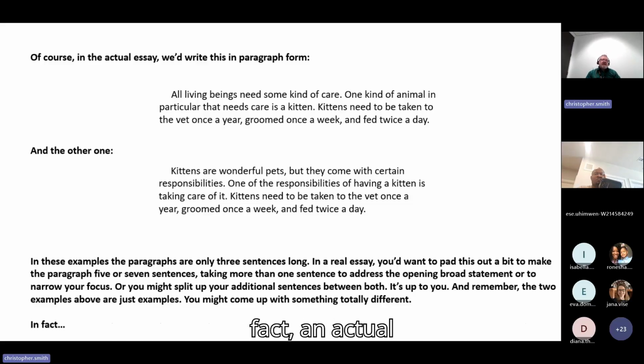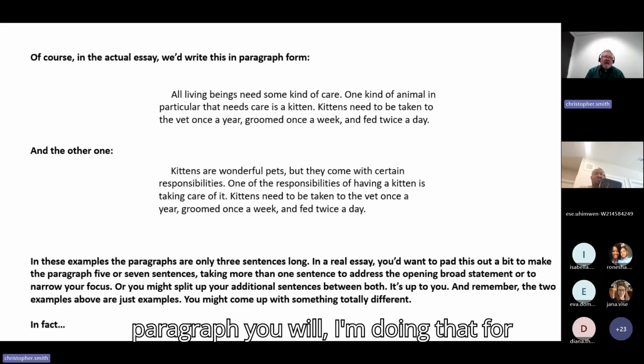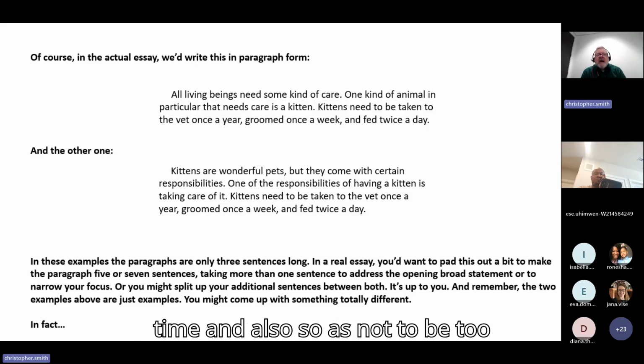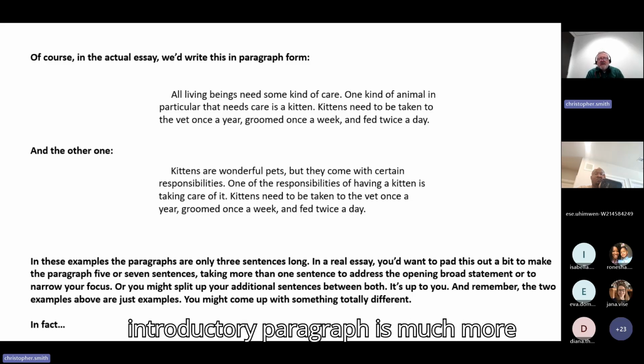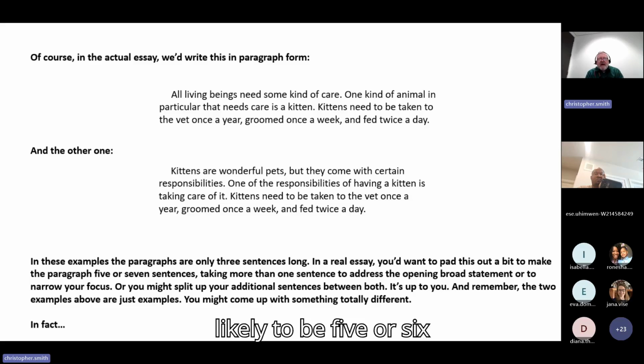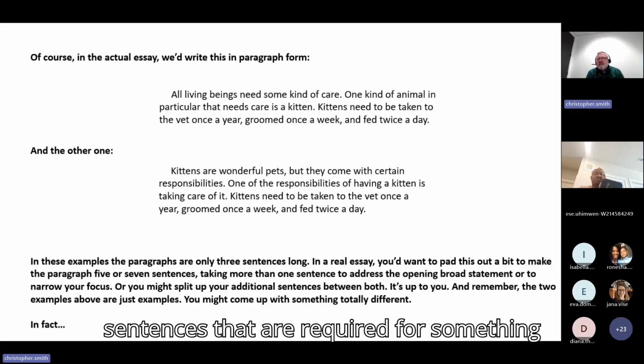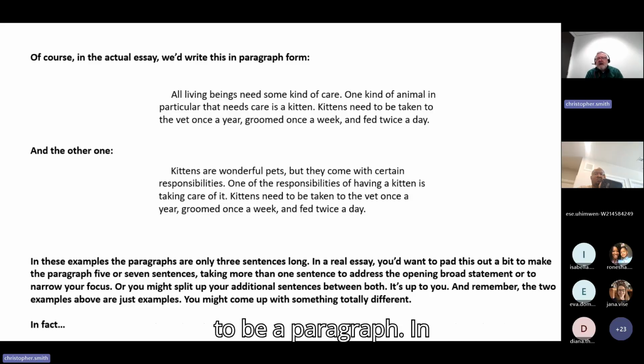But in an actual paragraph you write, I'm doing that for time, and also so as not to be too overwhelming. In an actual essay, an introductory paragraph is much more likely to be 5 or 6 sentences long. There's not actually a technical number of sentences that are required for something to be a paragraph.